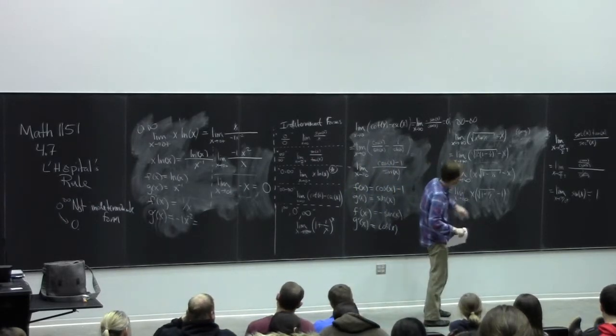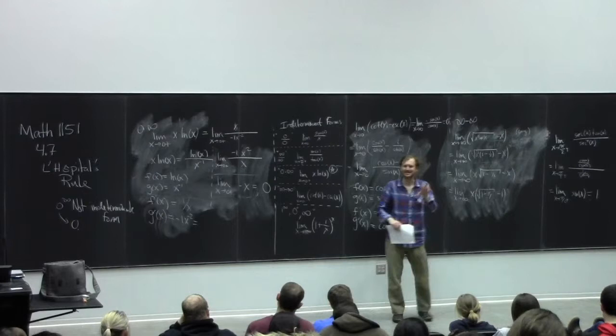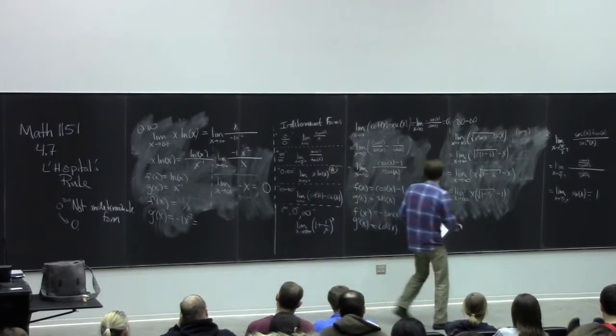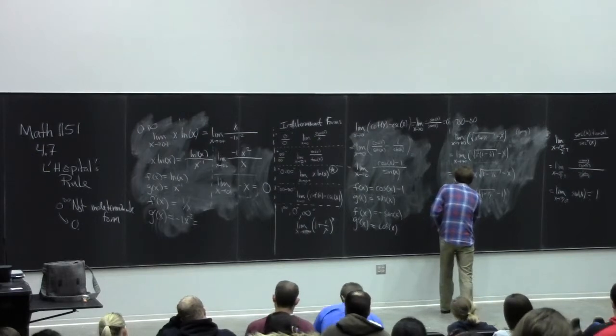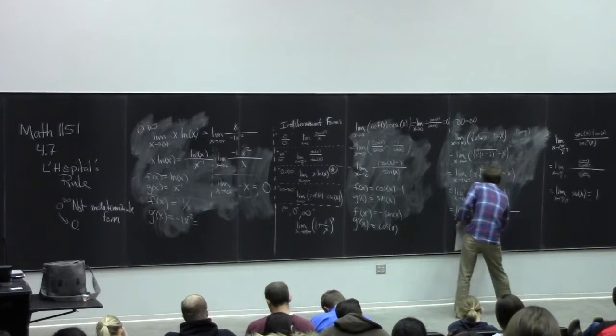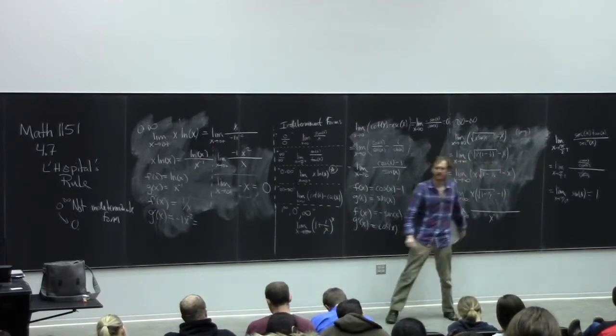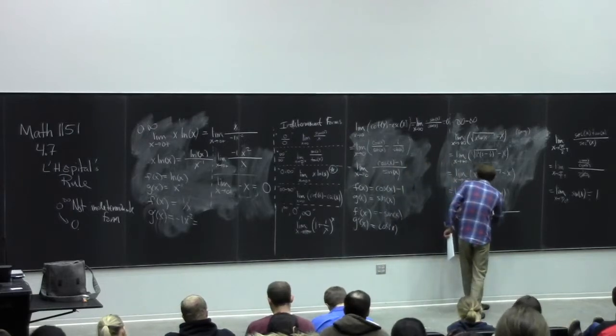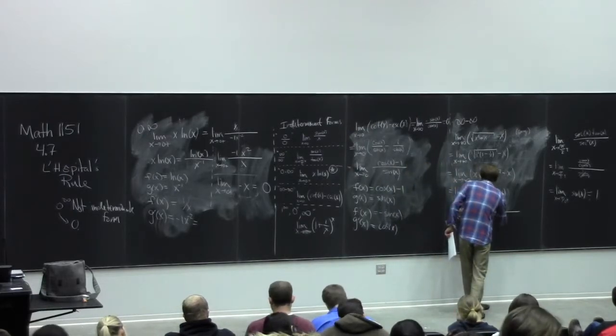And so what I'm going to do here is the exact same trick. I'm going to make this look like a fraction by rewriting this as the limit as x goes to infinity of something over x to the minus 1 right here. So now I have the square root of 1 plus 1 over x minus 1.